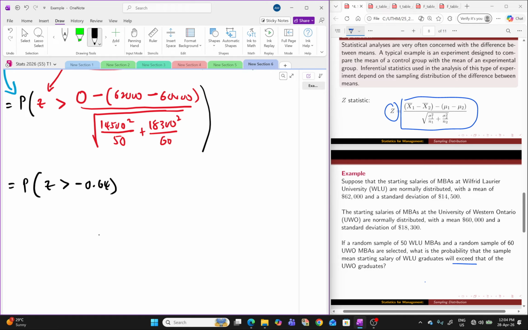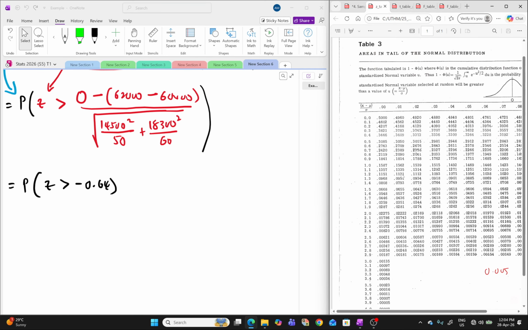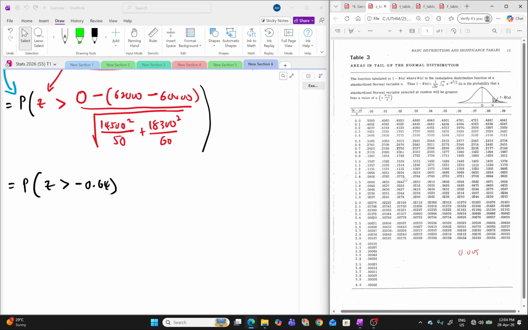Now, after this, the normal process. Gunakan table ni, table yang ini. Cari saja nilai dia.